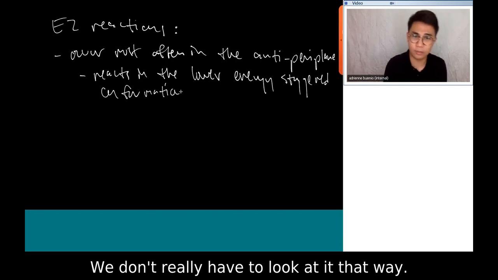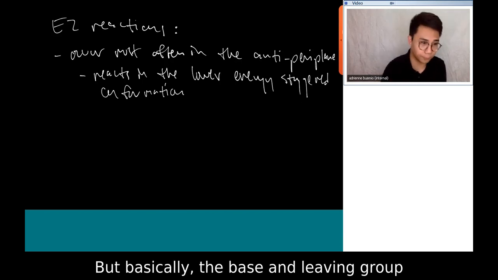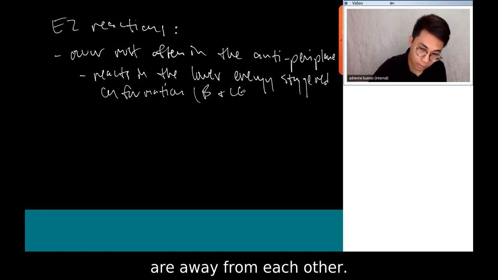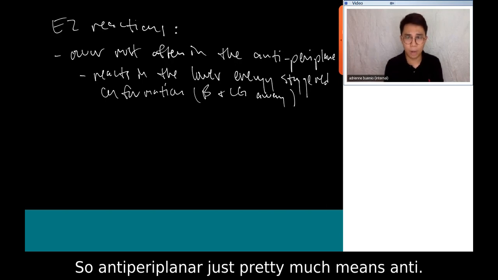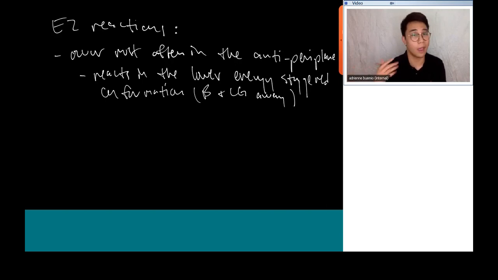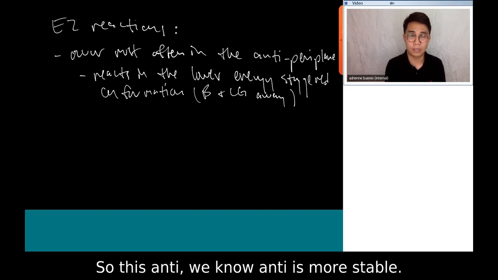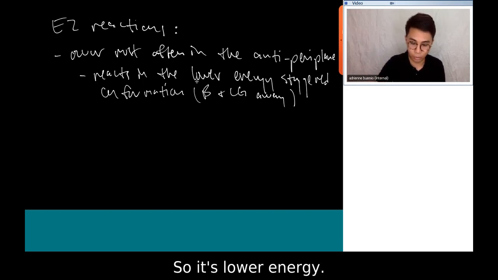We don't really have to look at it that way, but basically the base and leaving group are away from each other, right? So anti-periplanar just pretty much means anti. So this anti, we know anti is more stable, so it's lower energy, right?